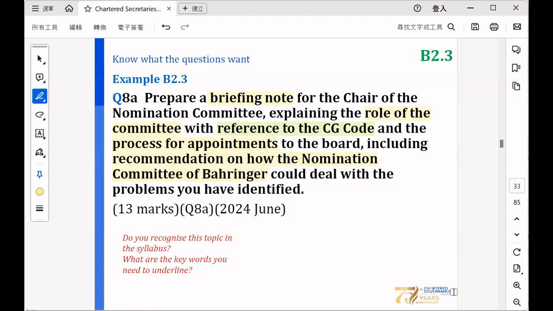We have not given the facts in here, but you can see that the questionnaire actually asks you to deal with the problems in that particular company. So in that case, you really need to look more specifically at the requirement.